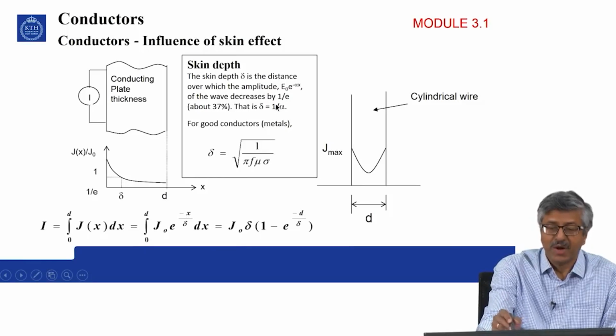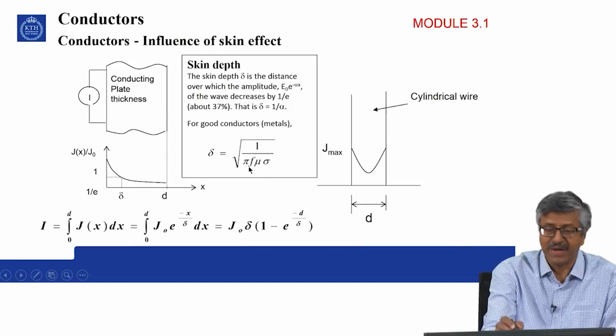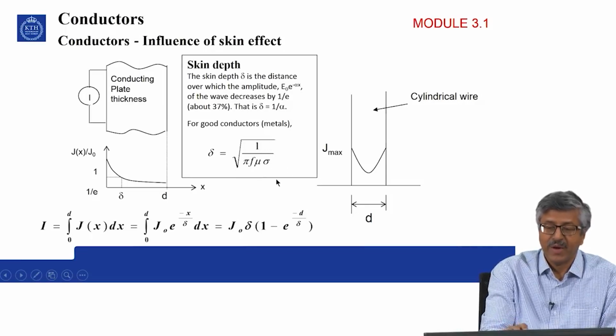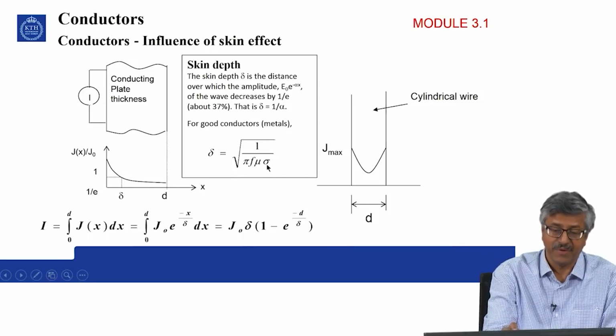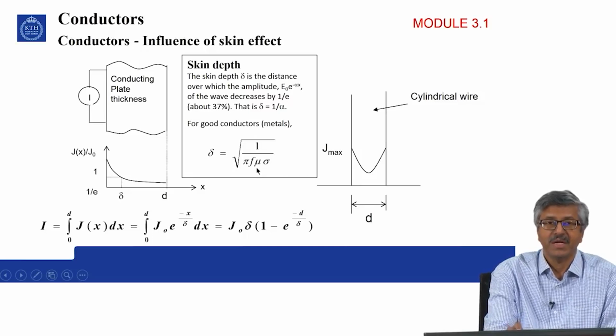So, skin depth is 1 by attenuation constant, and for good conductors, skin depth is obtained as square root of 1 by pi f mu sigma, where f is the frequency, mu is the magnetic permeability and sigma is the conductivity of that metal. So, this is the relation for skin depth.